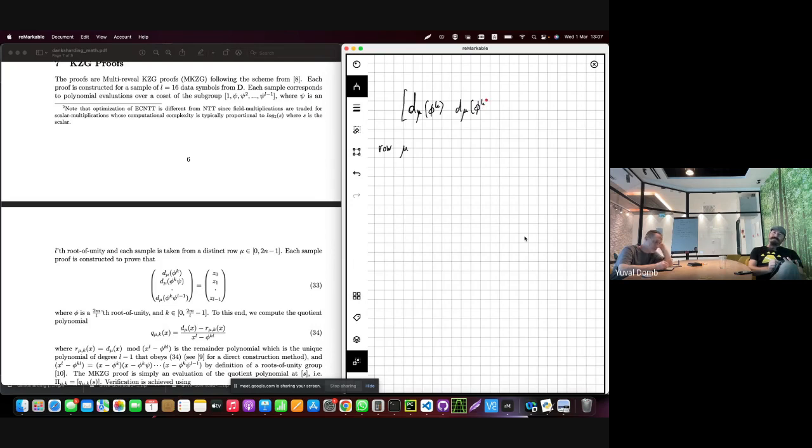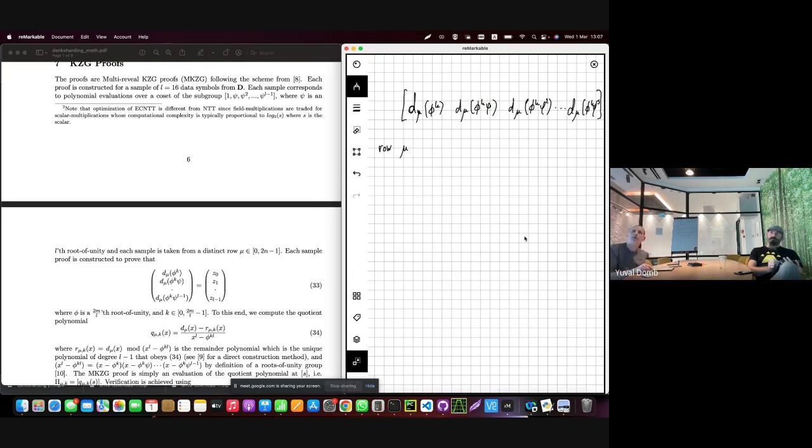The special thing about these points is that they lie on a coset. Again, a coset is like a translation of subgroups. It's like an affine set. And we said that it needs to be of size 16, so this would be 15.